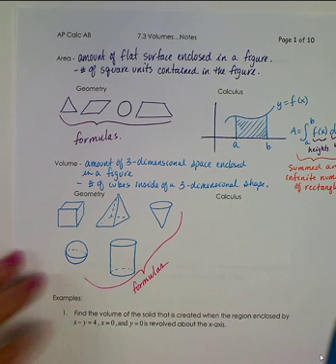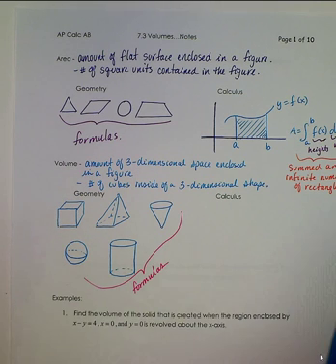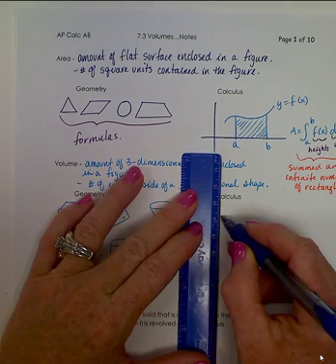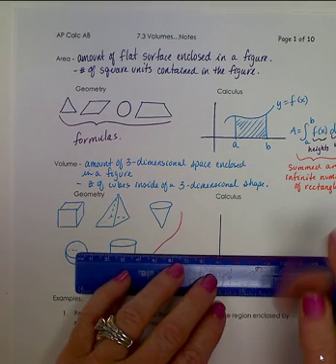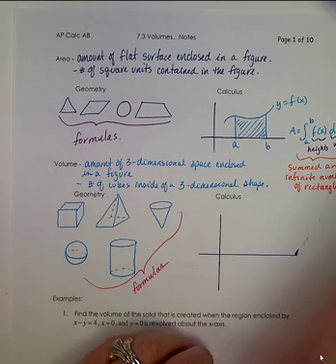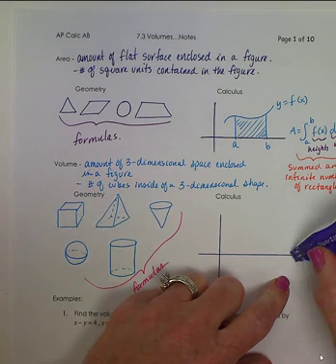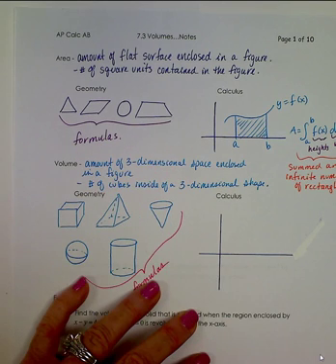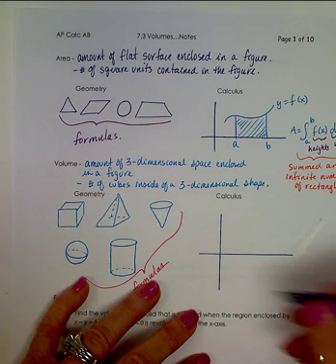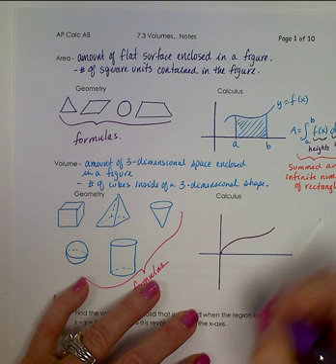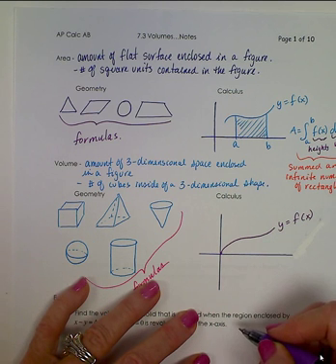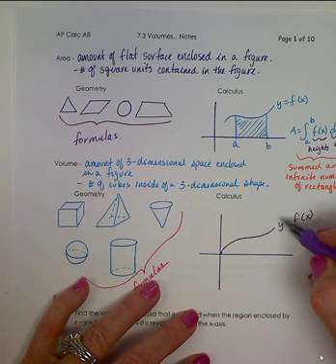All right, in calculus, how are we going to get these three-dimensional shapes? We haven't graphed anything three-dimensional, so this is where it gets a bit tough. All right, let's take some curve here, some y equals f of x. And we're going to take that region that's in here.